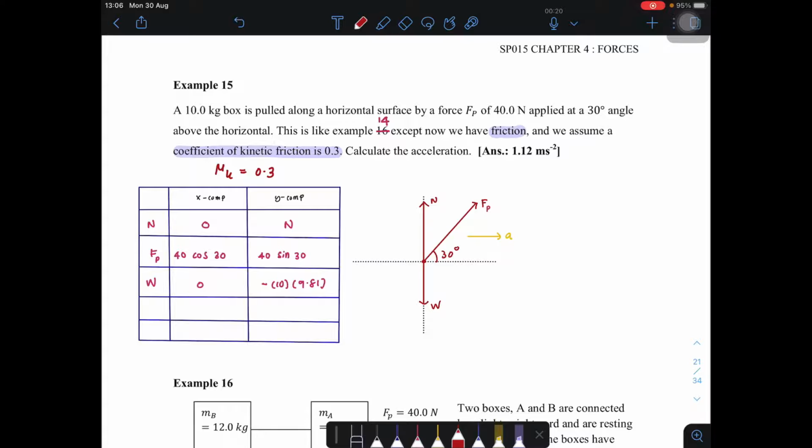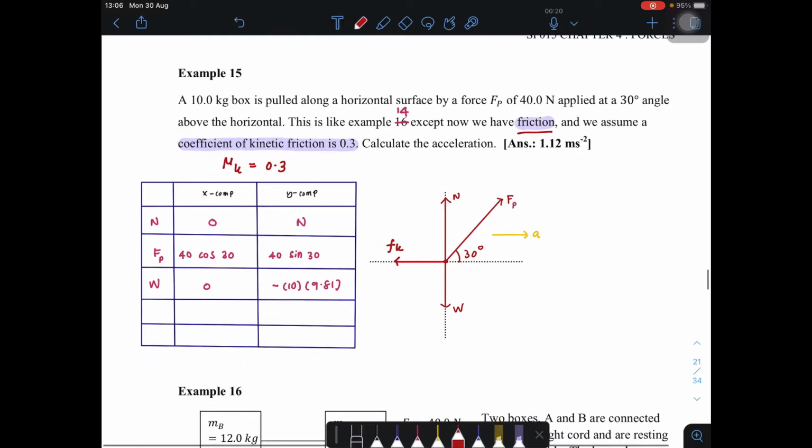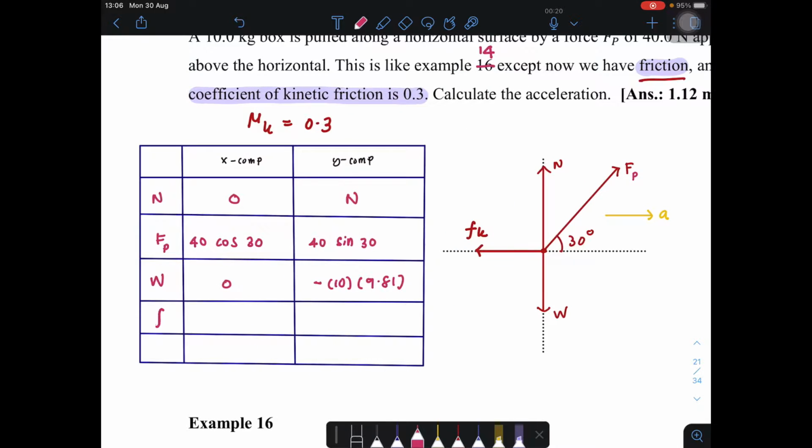Since this question is the same as example 14, I just copy the solution, except that now we need to add the friction. On the FBD, since the motion is going to the right, the friction will be in the opposite direction, going to the left. So we have the friction force now, and in the table we also need to add the friction force.